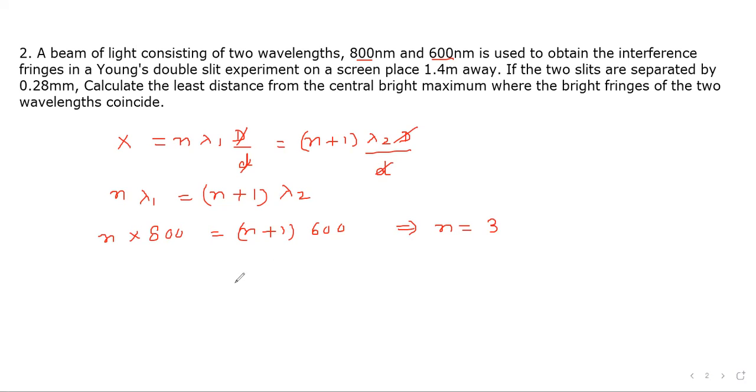Now we have to find out the value of x. Here we have got the value of n. So x will be equal to 3 times, using the formula for the bright fringe, xn is n times D lambda upon small d.